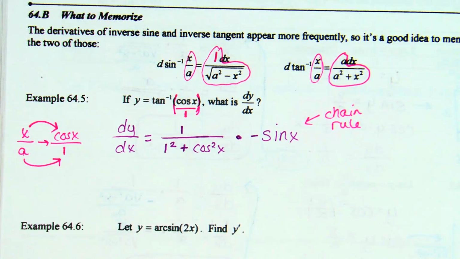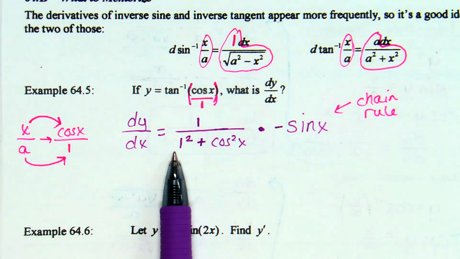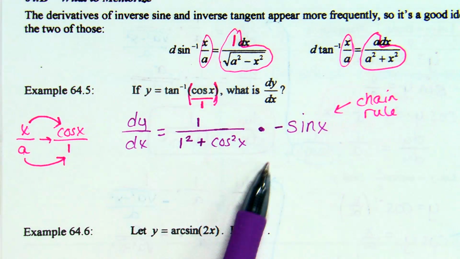Okay, at this point, it's a matter of cleanup. He was trying so hard I could tell to use a Pythagorean identity, weren't you? At least I was guessing. Not on this one. I was earlier. Okay. 1 squared is 1, right? 1 plus cosine squared? Well, if it was 1 minus cosine squared, we could talk about Pythagorean identity.